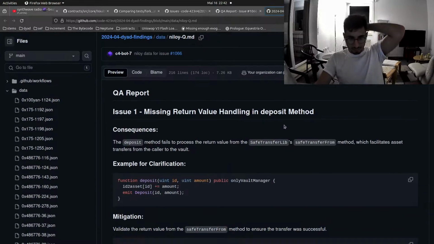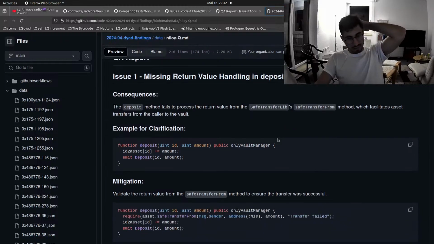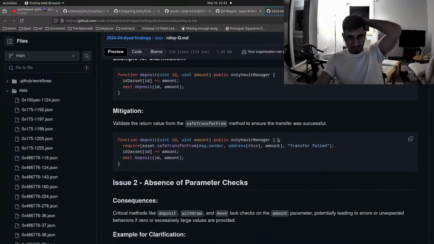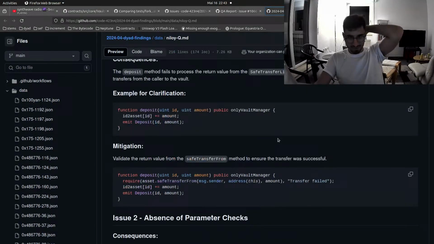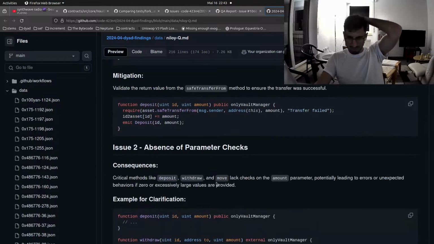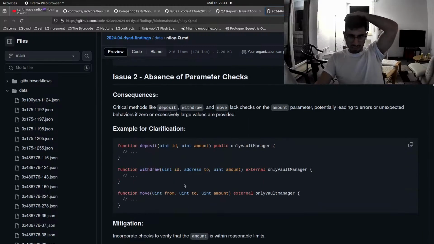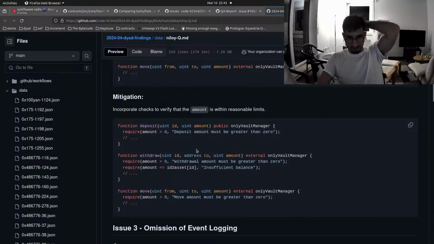The deposit method fails to process the safe transfer. I thought this is the point of safe transfer from. Yeah, we never check for. No, we don't do this.